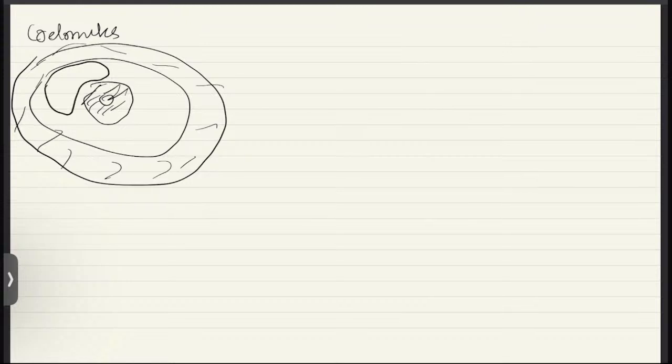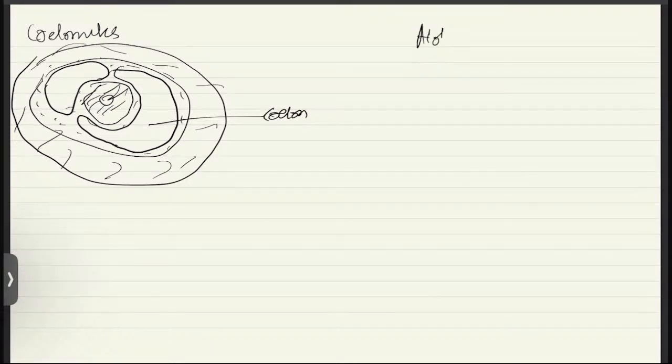Not pouches. The whole body cavity is lined by mesoderm. See, the body cavity is lined totally by mesoderm. This is called a coelom. We'll first describe acoelomates. Acoelomates, there are just two layers.